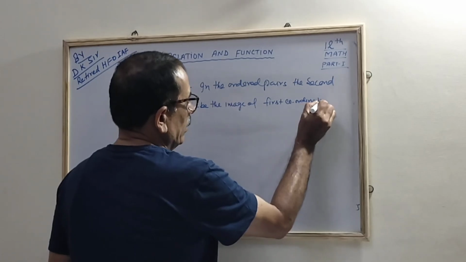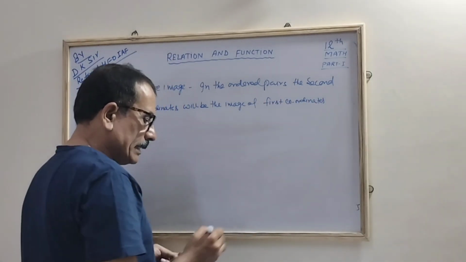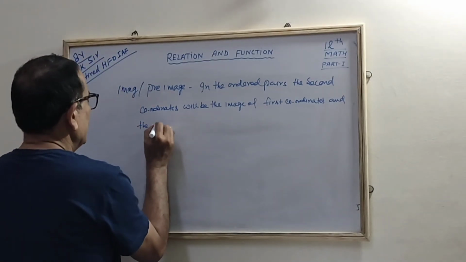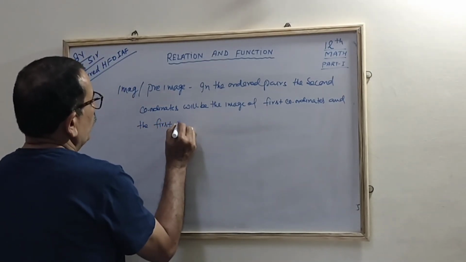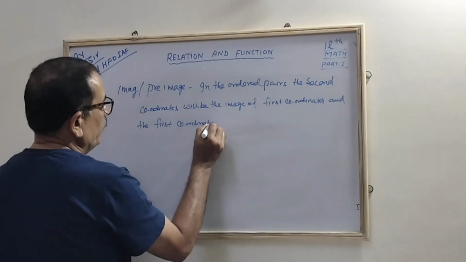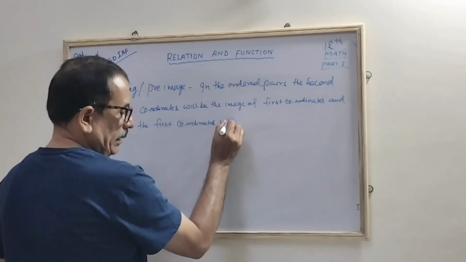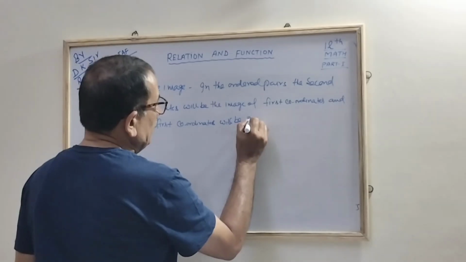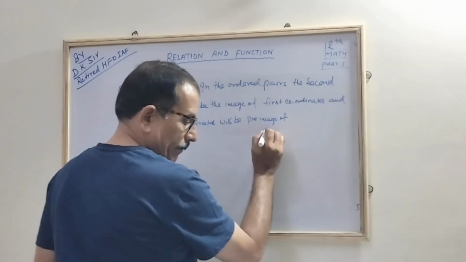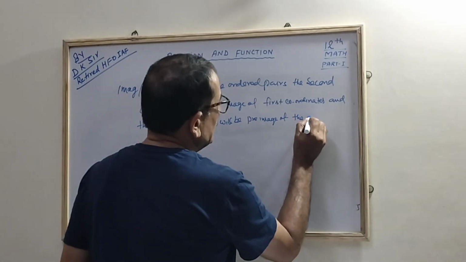And the first coordinates will be the pre-image of the second coordinates.